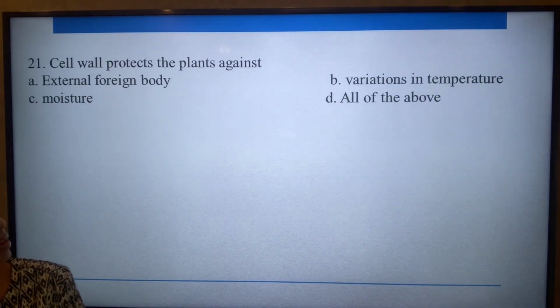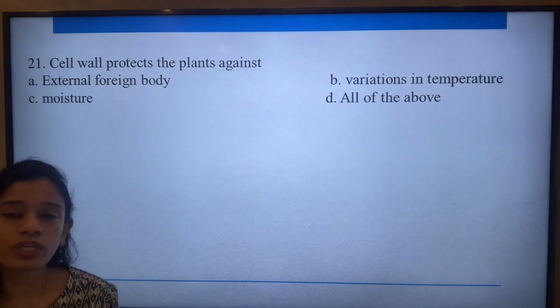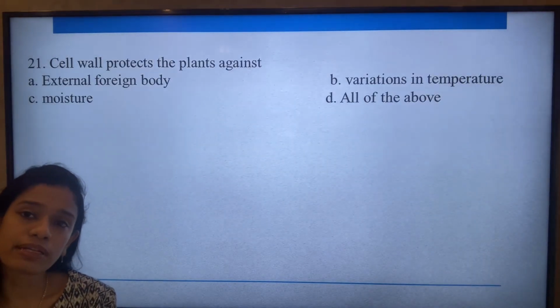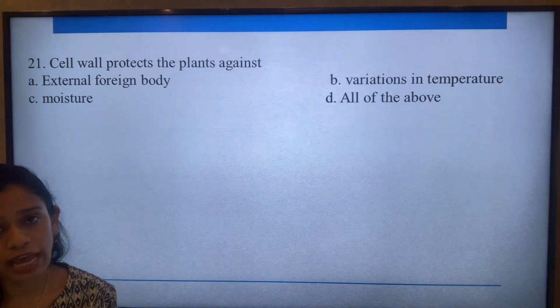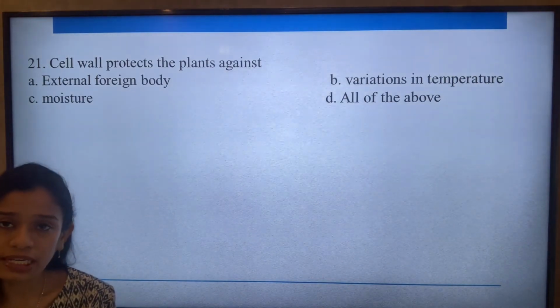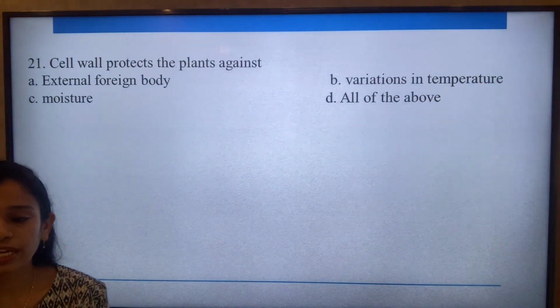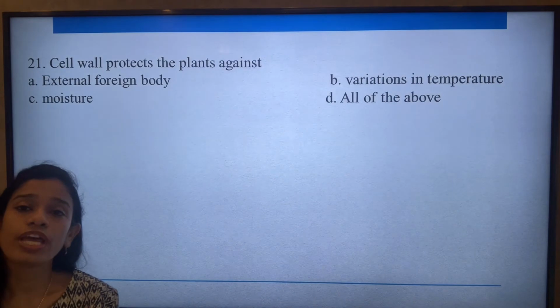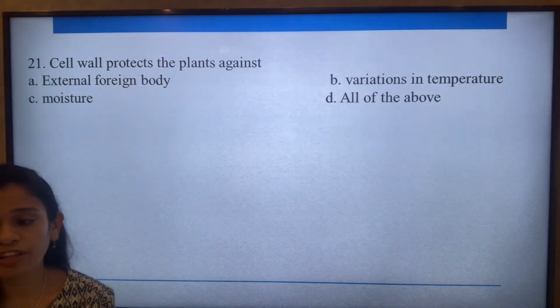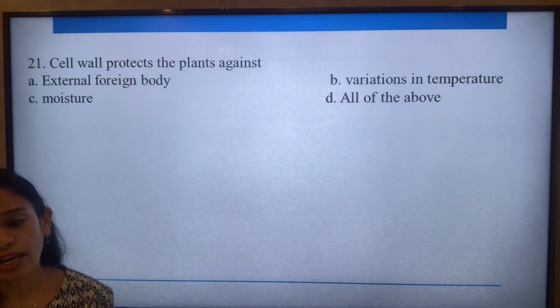Cell wall protects the plants against. We said that the cell wall is a structure which is present only in plant cells. It is absent in animal cells. So what does it do? It helps against the invasion of external foreign bodies, variations in temperature and moisture.